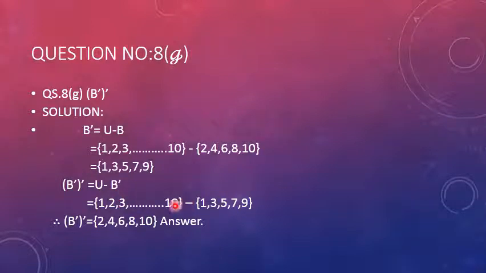Then instead of B complement I have written here 1, 3, 5, 7 and 9, and in between the two there is minus sign again. After deducting 1, 3, 5, 7, 9 from the universal set U, the leftover is our answer of B double complement, or we can say that B complement is 2, 4, 6, 8 and 10. That's all about 7th part.